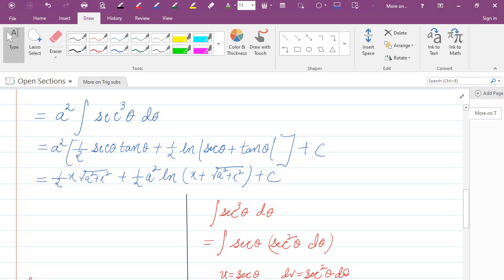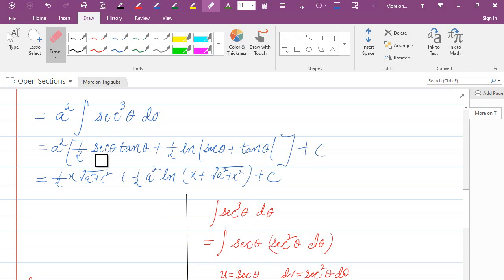Let me just say that the antiderivative of secant cubed of theta is half secant theta tangent theta plus half log of the absolute value of secant theta plus tangent theta plus c. I'm going to show you the steps for finding the integral of secant cubed of theta in a second, but we have done that in section 7.2.